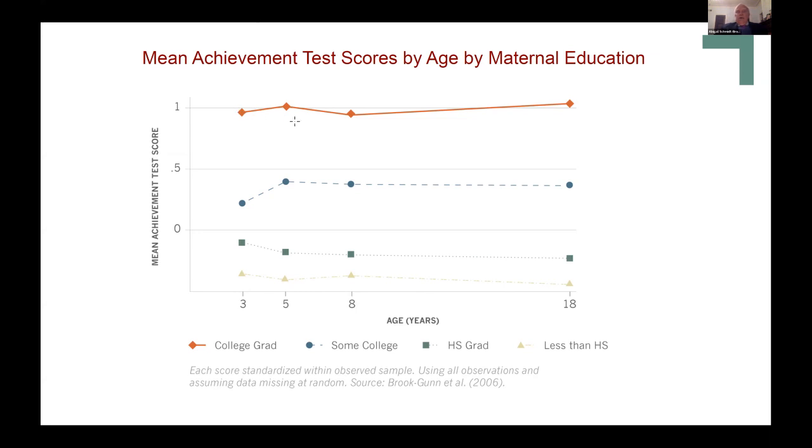These are ranked scores. And so the gap between the most affluent children, where mothers are the most highly educated, and the children of uneducated mothers, this gap is very substantial at age 3. But the size of the gap is about the same as it is at 18.